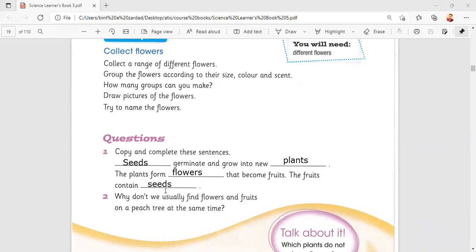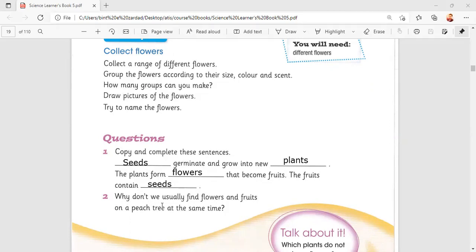The fruits contain seeds. Okay, you can say life cycle or life process again and again. From the fruit we get seeds, they germinate and grow into new plants. From plants we get flowers, flowers change into fruits, and from fruits we get the seeds. So again and again, the process of reproduction.